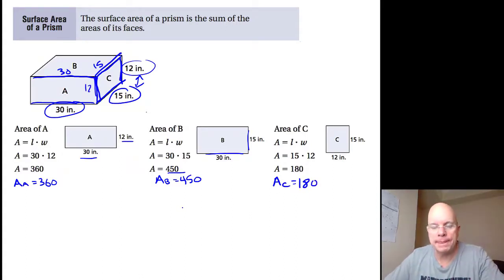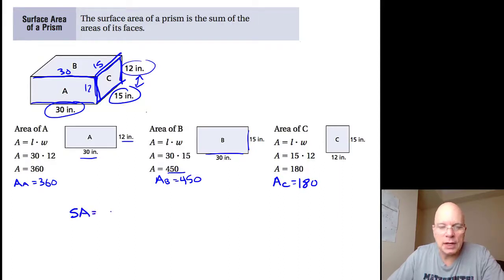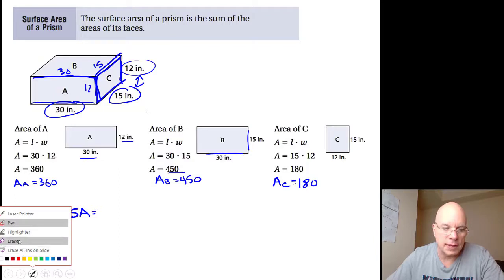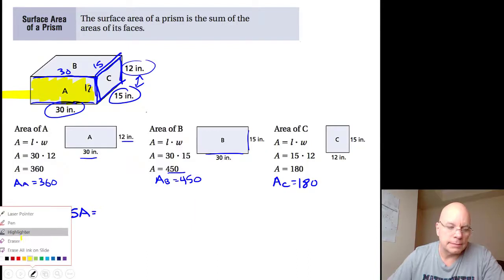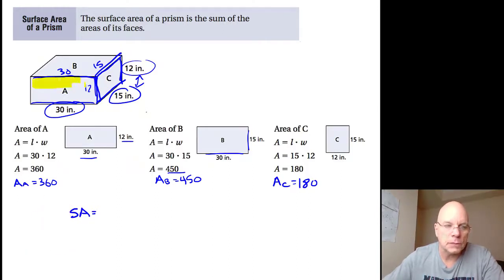Up to this point, all we've done is find area of shapes like we've been doing all year. But here's where you start to consider the actual entire solid. You write a surface area formula, and the formula will be different for different solids. Like for this solid, because it's a rectangular prism, I know this face A right here has a congruent face over here.